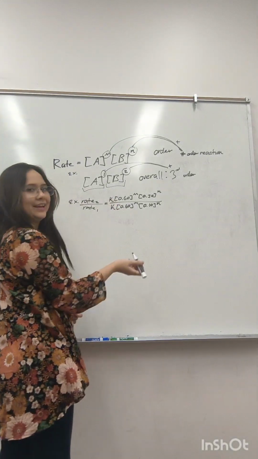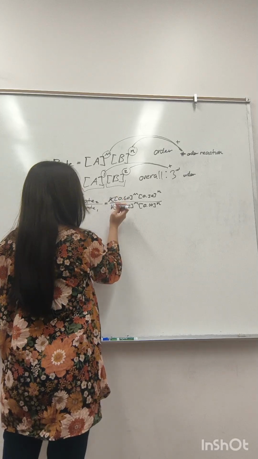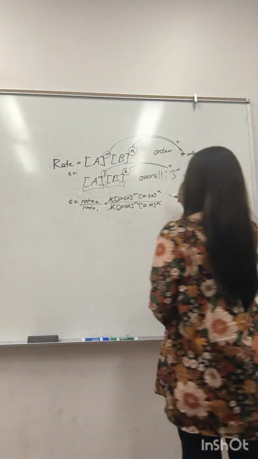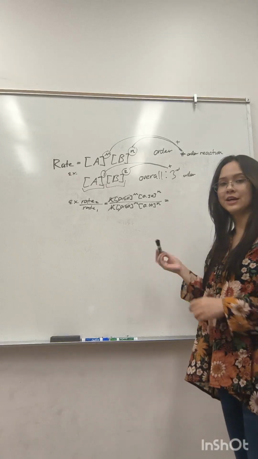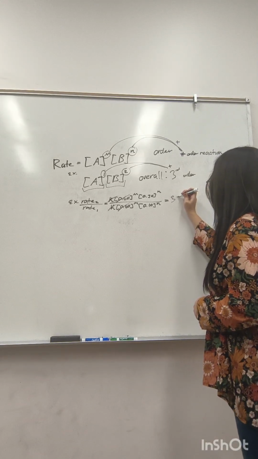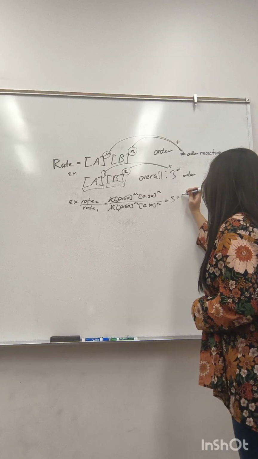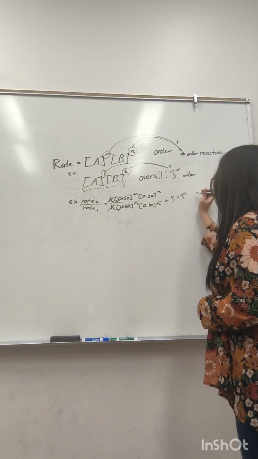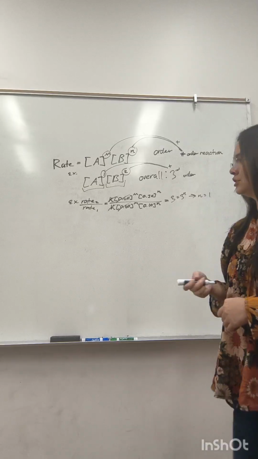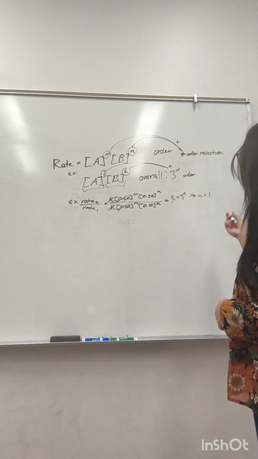You could cancel out the numerator and denominators, so these two would go out. So you'd be left with these two. Now you would just divide these two, so you would get 3, and then it would be equal to 3^n, n would equal 1. Just as an example to find n.